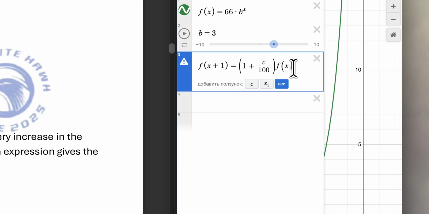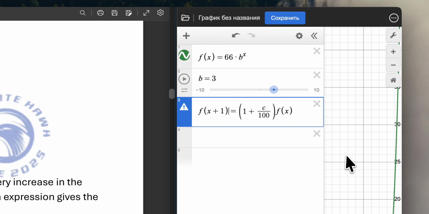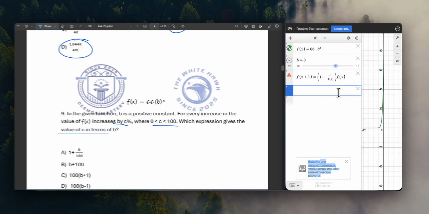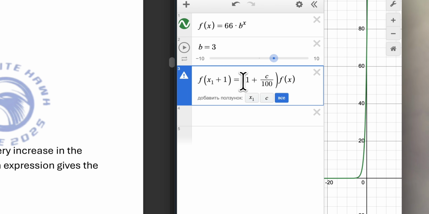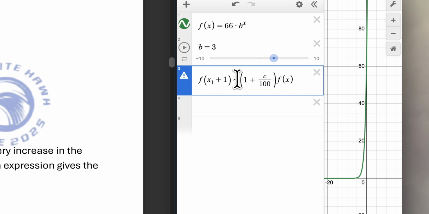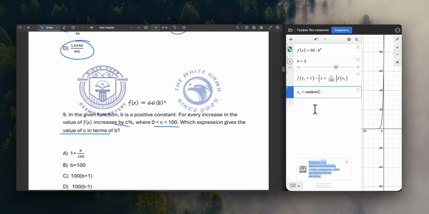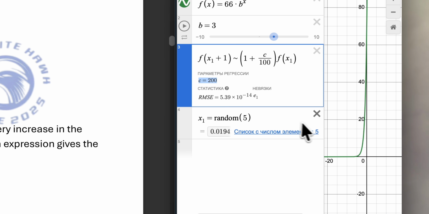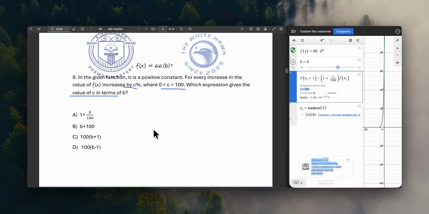If I use only an equation, an equality, it means nothing for me. Desmos cannot proceed to find c if I have only b. That's why I always use the equivalent form for Desmos, in order to estimate and find some values of x. Okay, let's take random numbers, and get c is 200, a precise answer, and I need to find the most equivalent one.